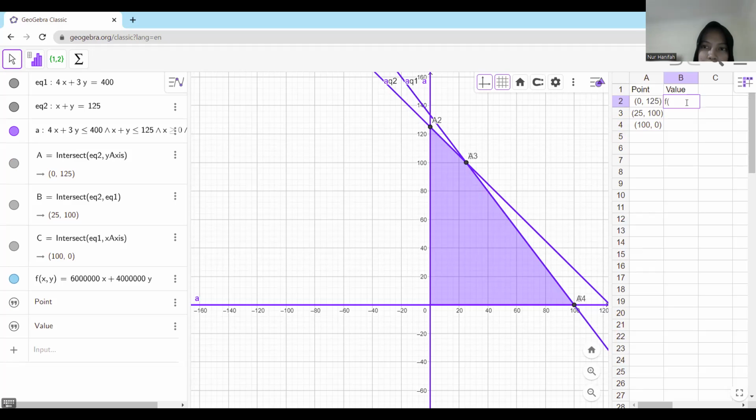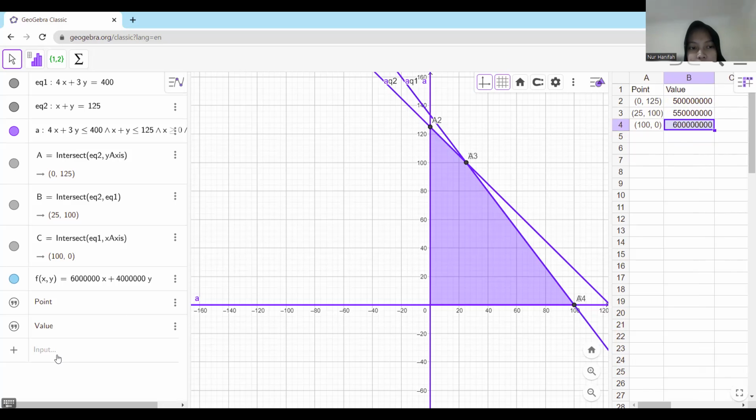In here, FA, we get the value, FB, and also FC. We can see the value in each point, and we can conclude that the maximum value is 600 million. So this is the maximum value of this problem, where the point is point C 100,0.